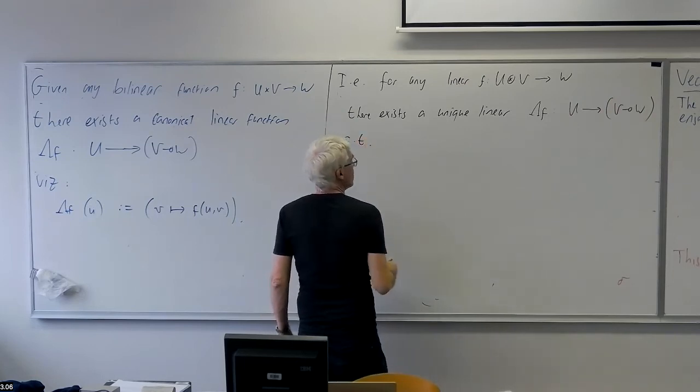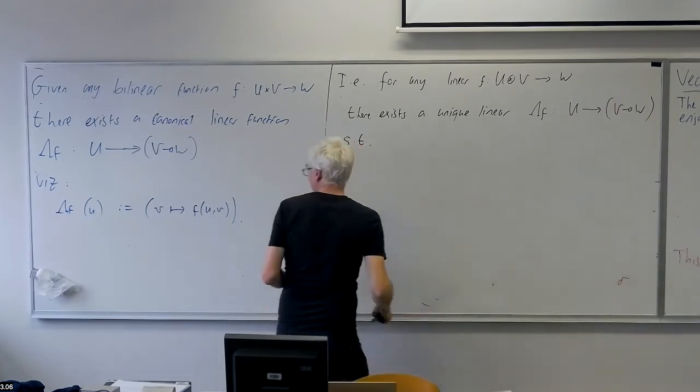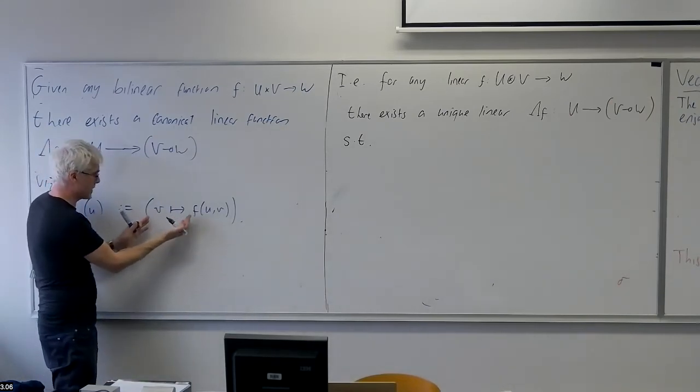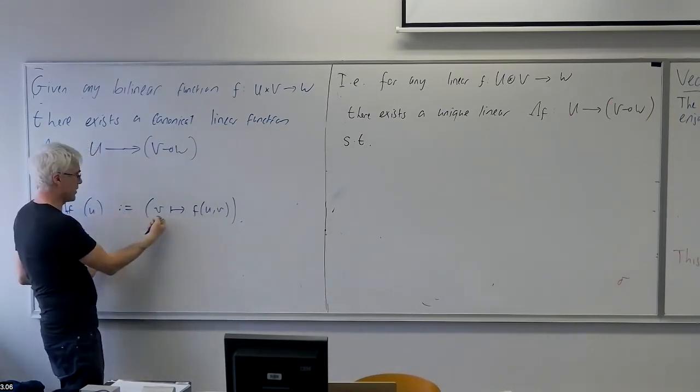such that, well, we want to say there's a unique function. Basically, there is a unique such map that forces lambda f to be this function here.